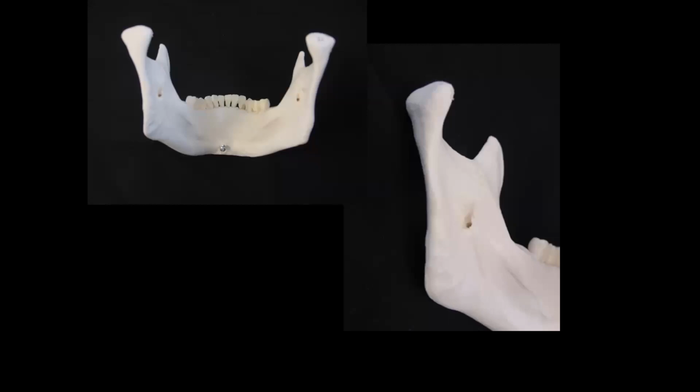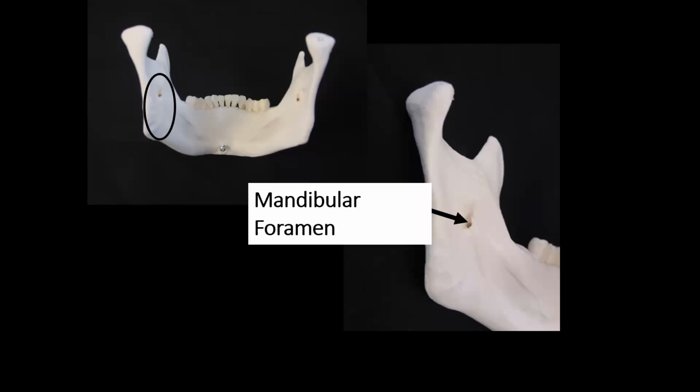Now this is your mandible, and here are your mandibular foramens, one on each side. They're on the internal side of the mandible. Remember, bone is living tissue. Well, not these, but in our bodies, bone is living tissue.